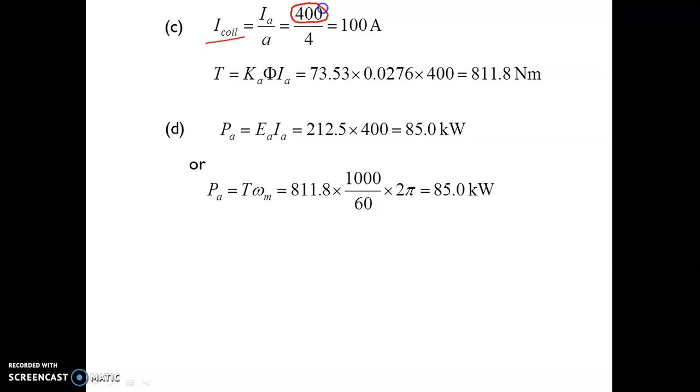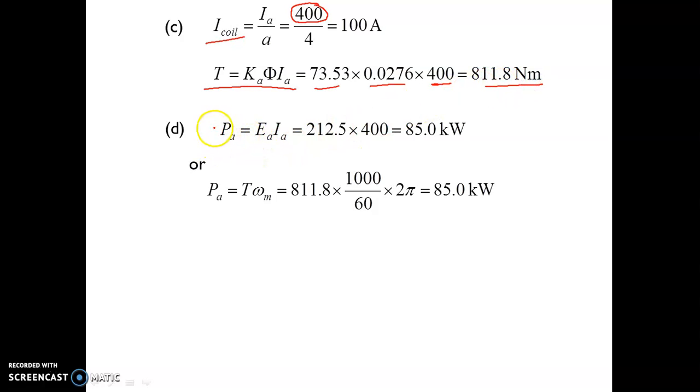This armature current is given in the question. A is 4, also given, so it is 100. Now torque will be equal to Ka multiplied by phi into Ia. Ka is already calculated, phi is also calculated, and Ia, the armature current, is given, so this much torque will be developed.